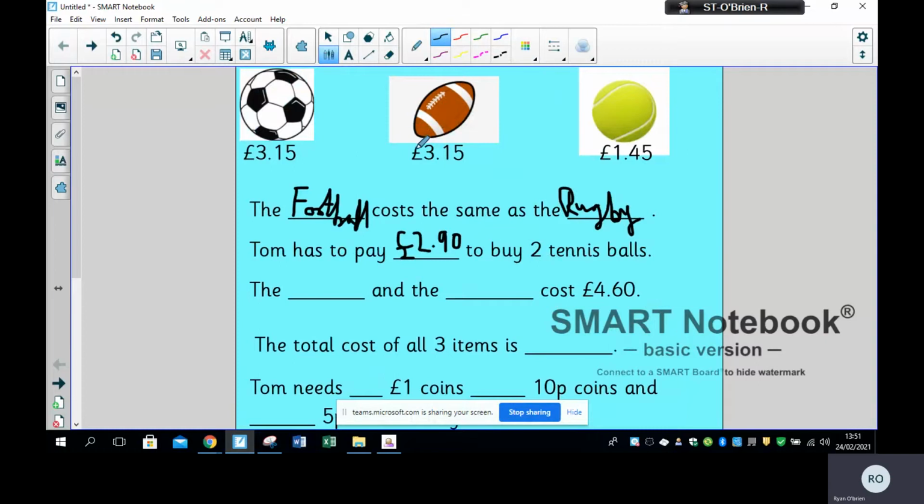If I add the football and the rugby ball, 3 and 3 in the pounds is £6, so it can't be that. I already know two tennis balls are £2.90, so it can't be two tennis balls. So I'm going to try the rugby ball and the tennis ball.